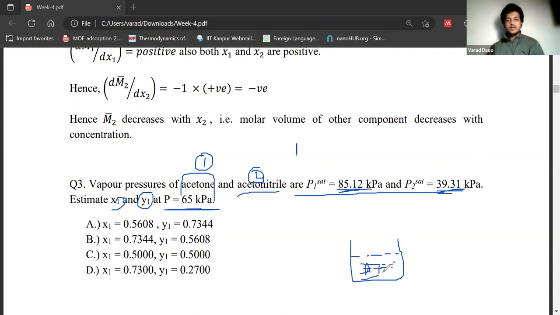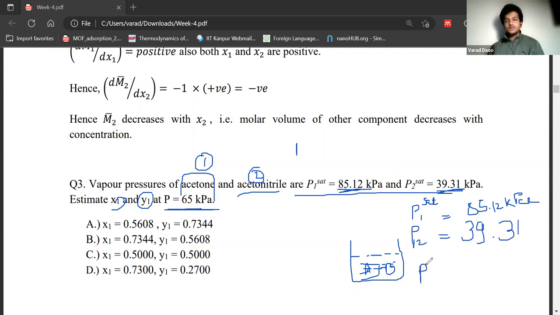Basically, we have a container having components A and B, where A is acetone and B is acetonitrile, and we are given the saturation pressure of component 1 as 85.12 kPa, and the saturation pressure of the second component as 39.31.